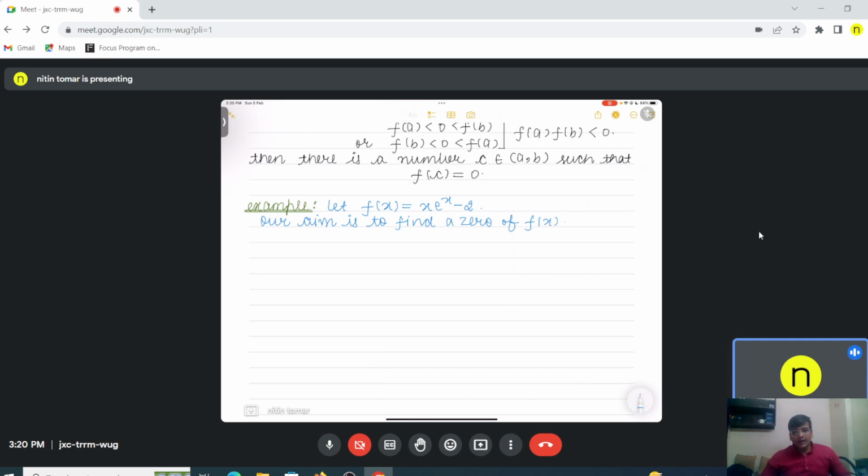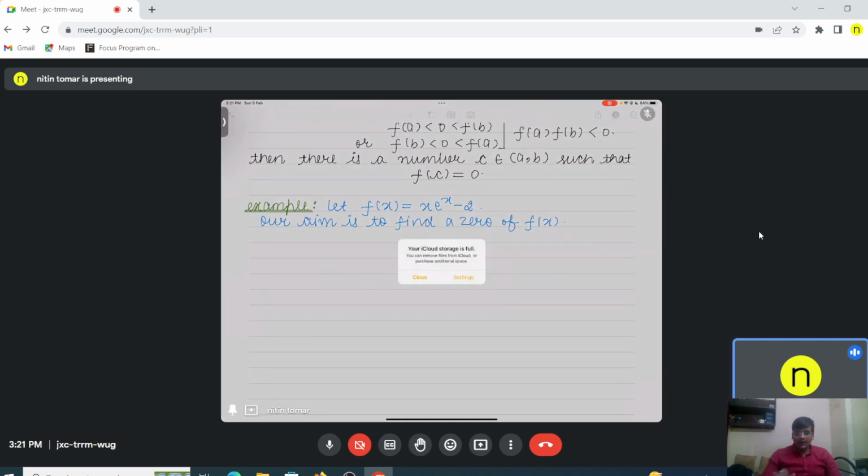See, most of the time, solving a functional equation is not easy. For example, we know how to find zeros of a polynomial up to a certain degree. If it is a linear polynomial, we know, and if it is a quadratic polynomial, that is a polynomial of degree 2, then we have the quadratic formula.